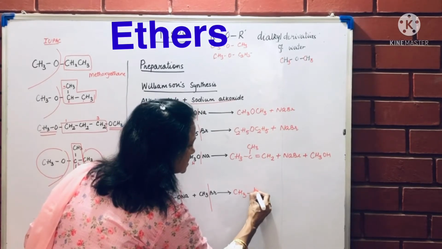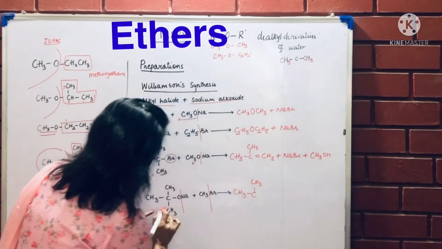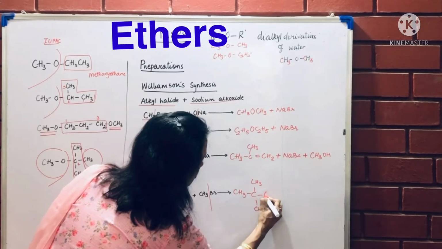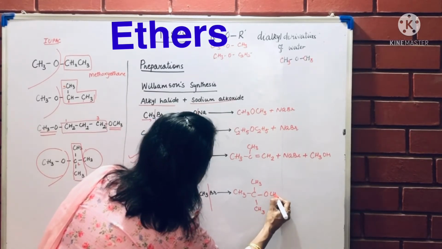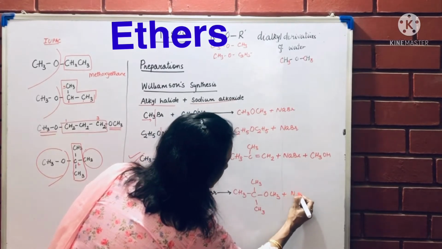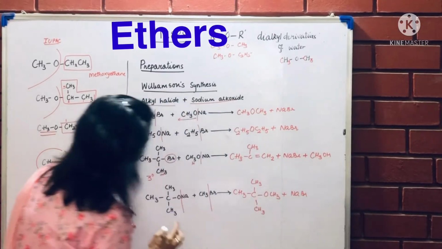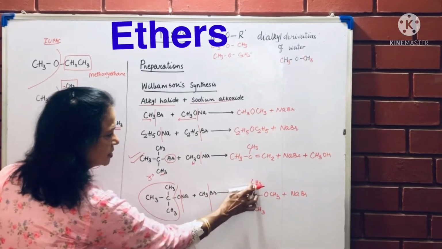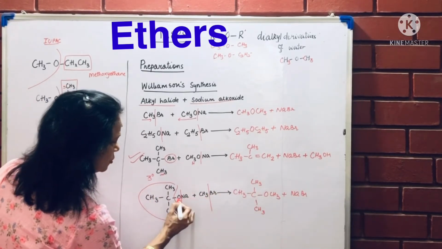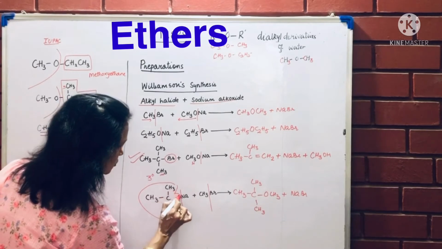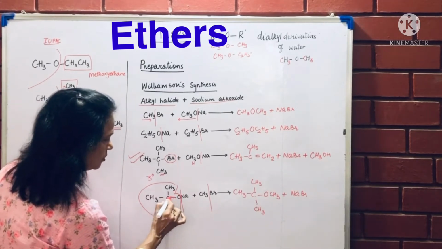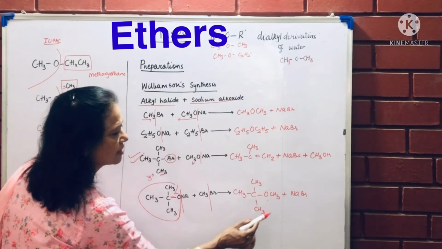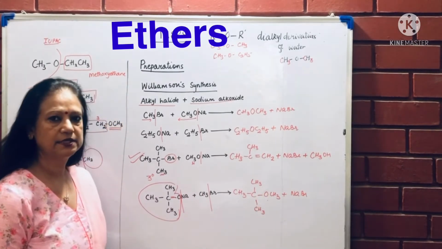CH3, CH3 here, this CH3, OCH3 plus NaBr. So this whole thing I have written as such, and I've taken this O inside. So till here, this CH3 gets attached, so ethers are formed and NaBr.